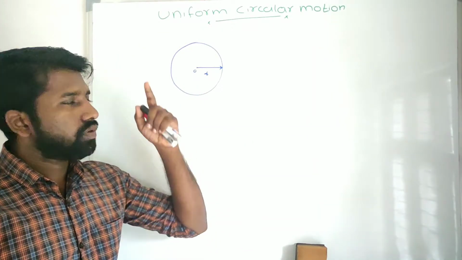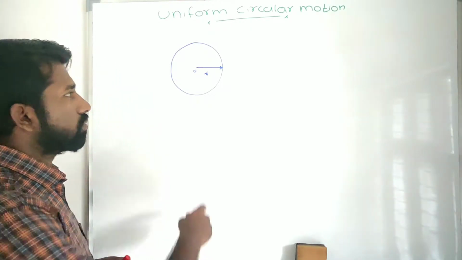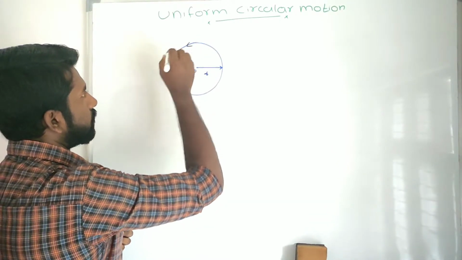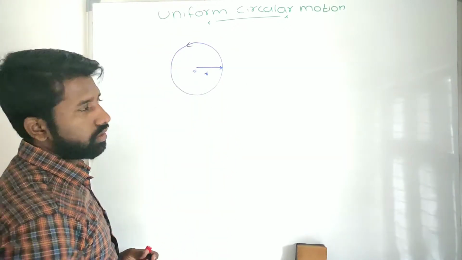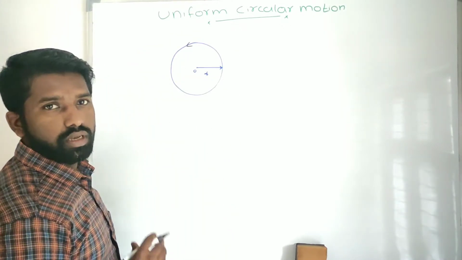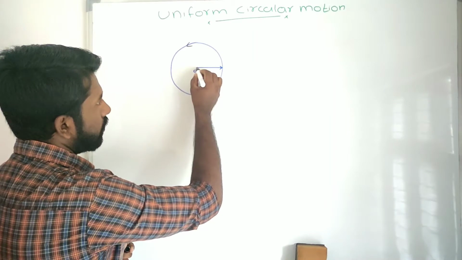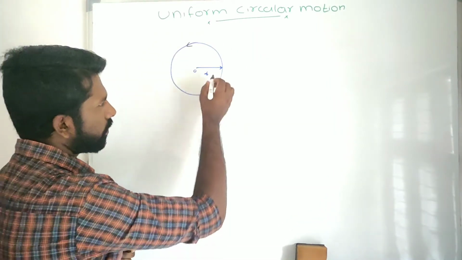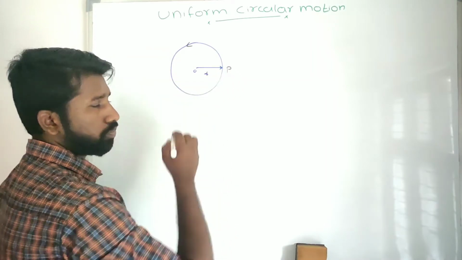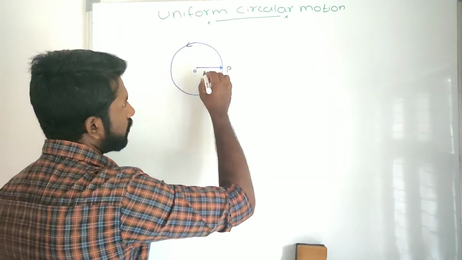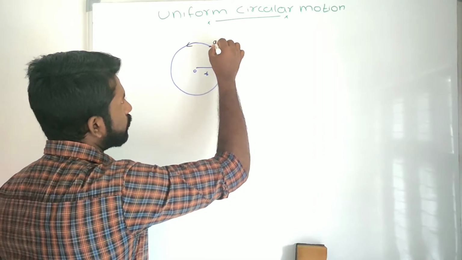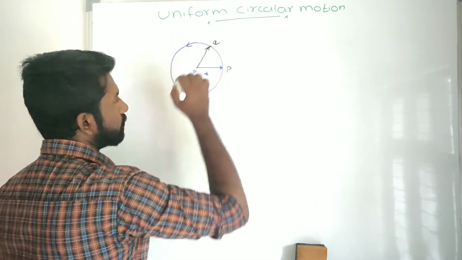So I consider a body moving in a circular path like this way. The radius of the circular path is r. The object is moving at constant speed. Initially, the object is at point P. After some time, the object reaches point Q in delta t.